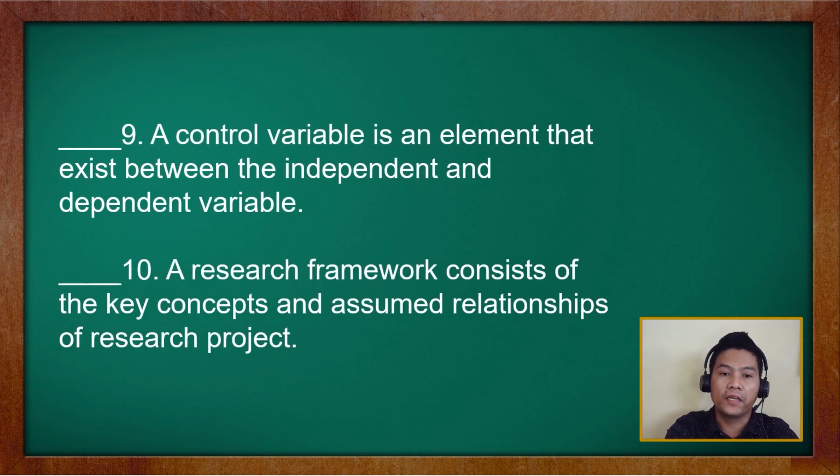Number 9, a control variable is an element that exists between the independent and dependent variable. Number 10, a research framework consists of the key concepts and assumed relationships of the research project.